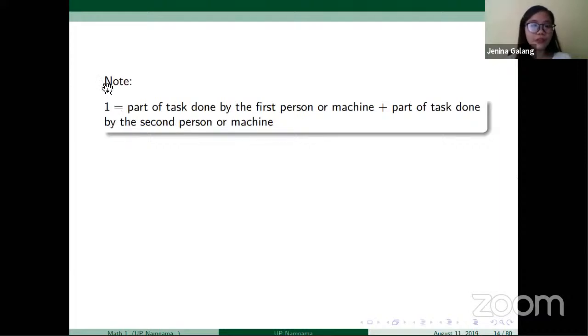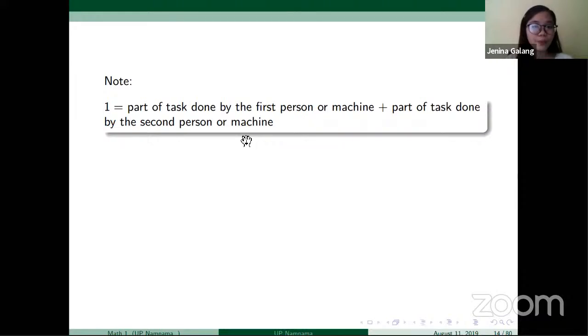So, note that, in working problems, one whole completed task is designated by the number 1, which is equal to the part of the task done by the first person or machine plus the part of the task done by the second person or machine. So, pwede nating i-extend tong formula na to into several persons or machines.